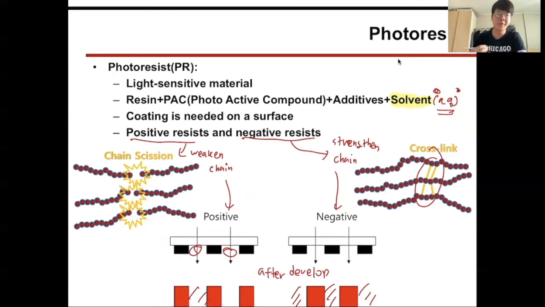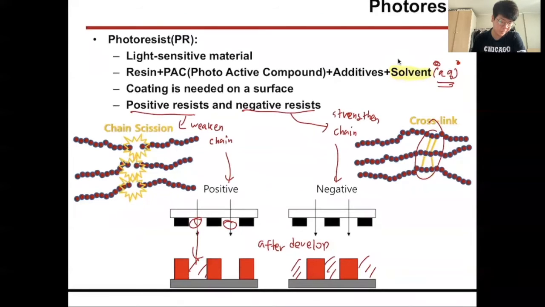After they develop, the exposed patterns disappear. In the negative resist, on the other hand, it strengthens the chain so that after develop, it removes the area that is not exposed to the mask.